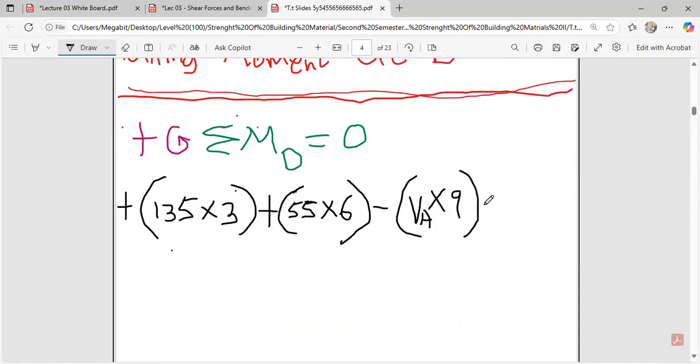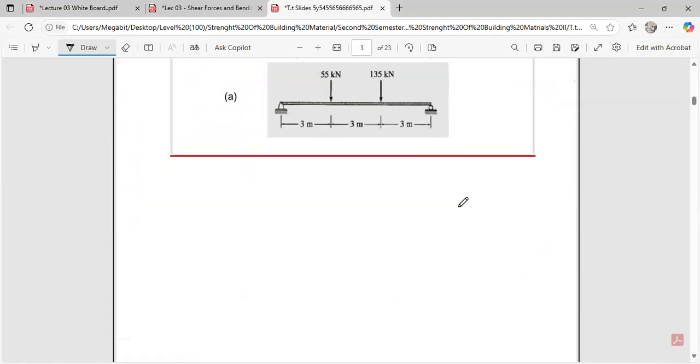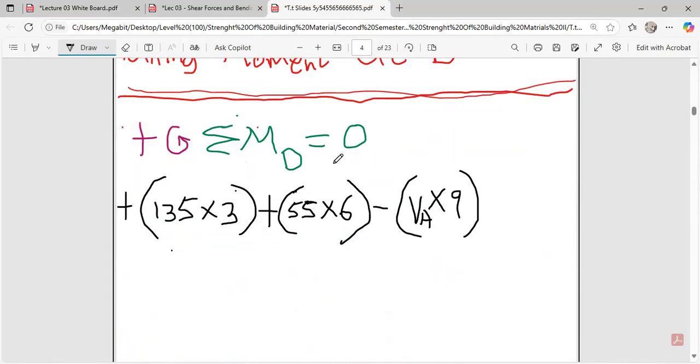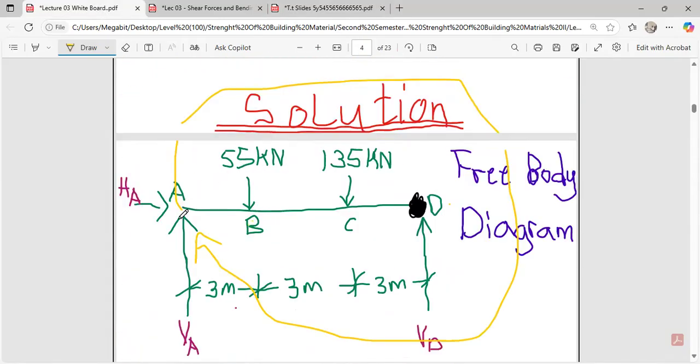Then let's consider the horizontal force, because we are taking moment at D. You realize that HA, which is a force, can be considered. This time it's not going to be 0, so we can also include it in our calculation.